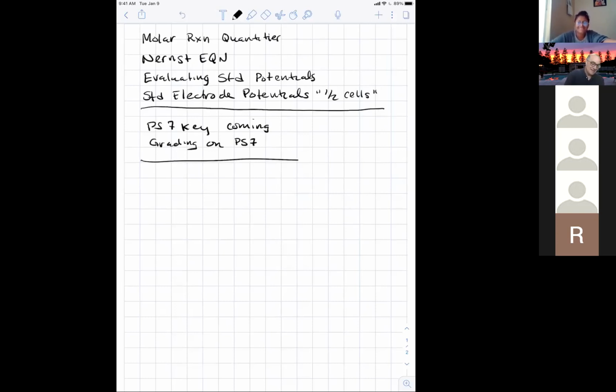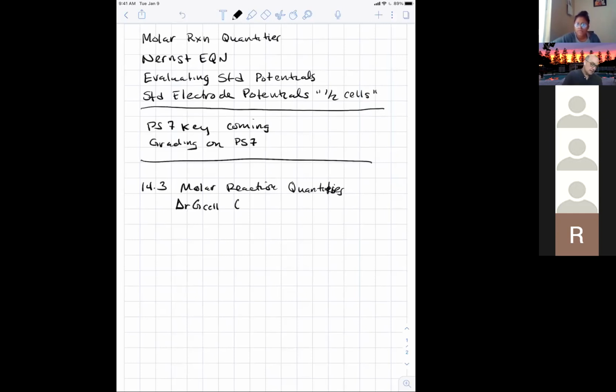All right, so the first thing we're going to talk about today is molar reaction quantities. In other words, we're going to deal with the reaction Gibbs free energy of a cell, right?